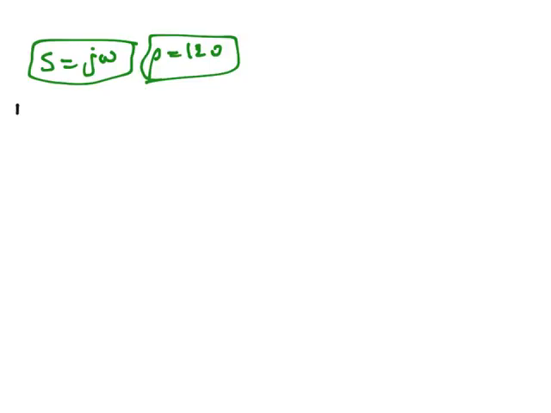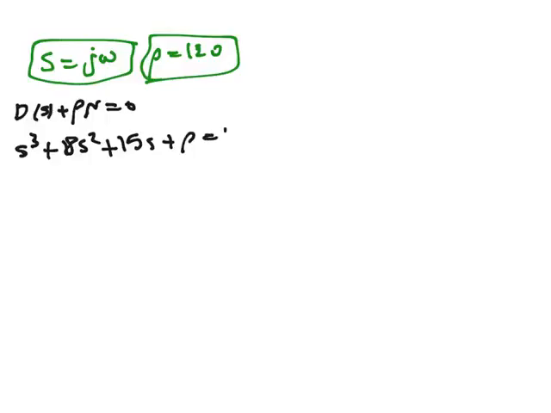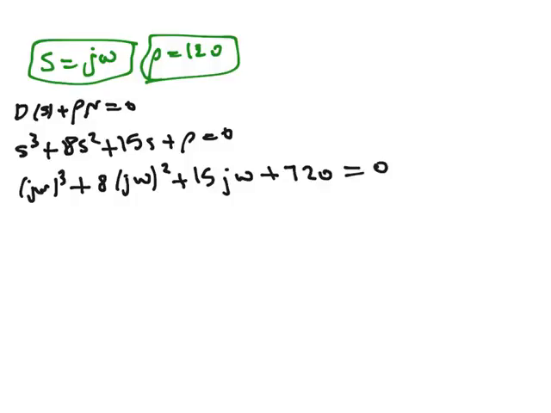So we can write the characteristic equation D plus rho times N equal to 0, where D is s^3 plus 8s^2 plus 15s, plus rho equal to 0. Replacing s with j omega, we have (j omega)^3 plus 8(j omega)^2 plus 15 j omega plus 120 equal to 0.